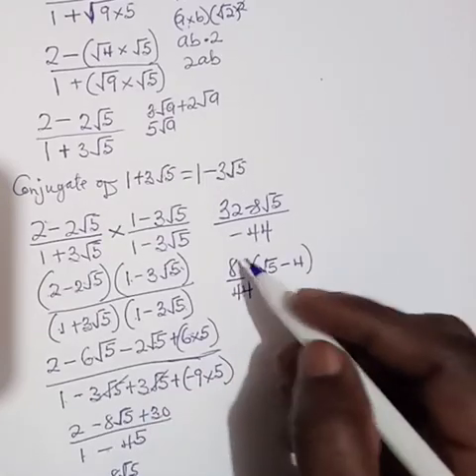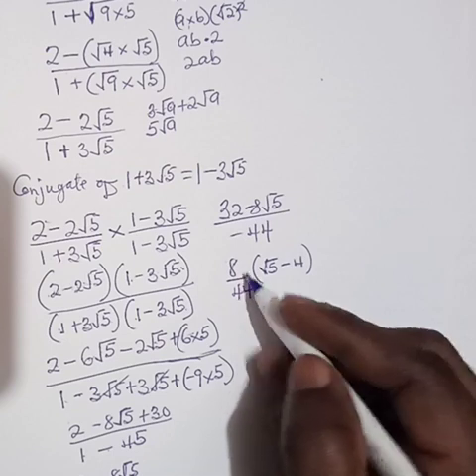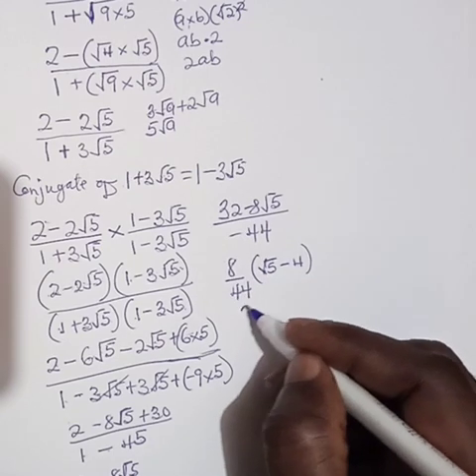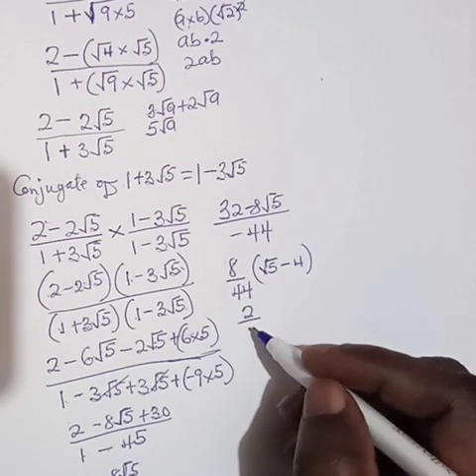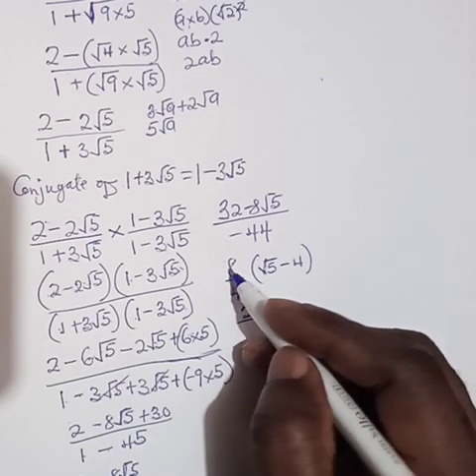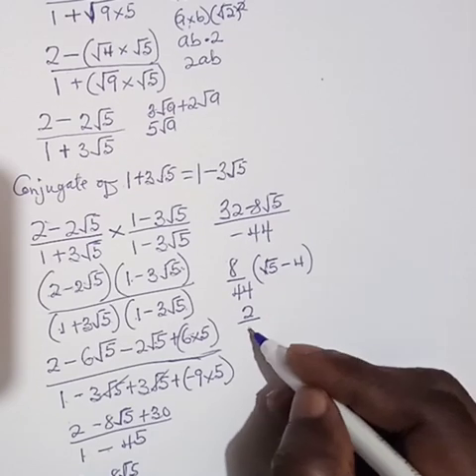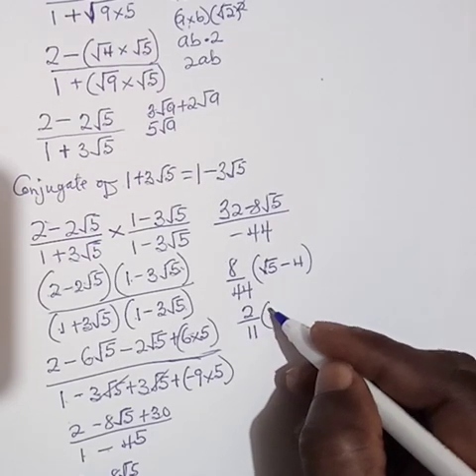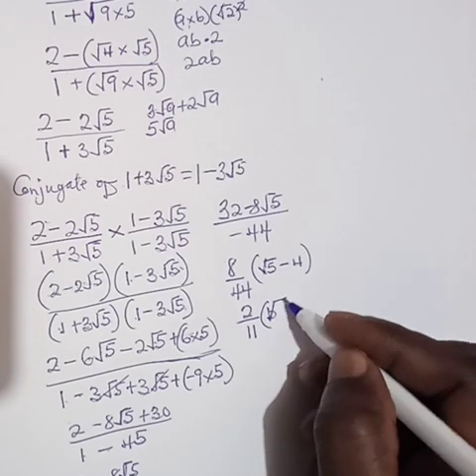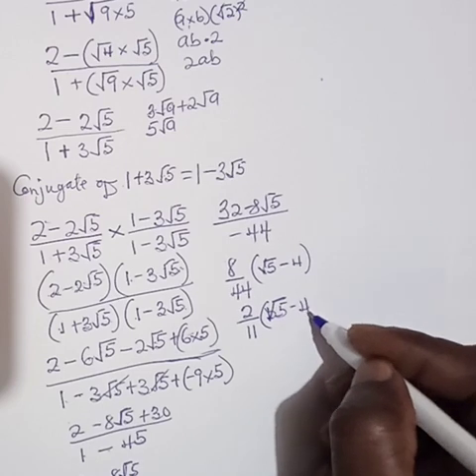Okay, right. So let's break this down. Let's find the simplest form of this fraction. So if you have to find the simplest form of this fraction, then we can get here 2 divided by 11, because when 4 divides 8, we get 2, and when it divides this, we get 11. Okay, so let me write my root 5 minus 4.